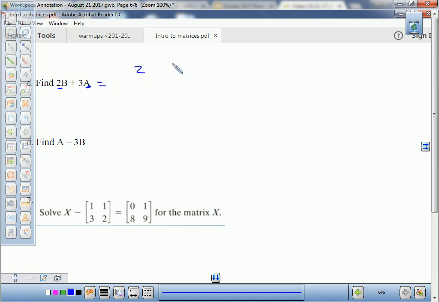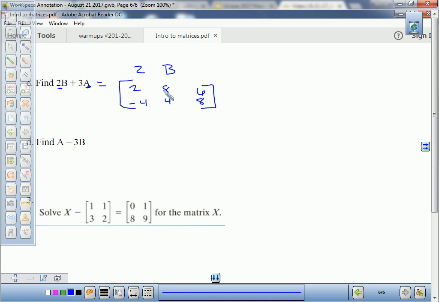So I am going to go ahead and show you what 2B looks like. So if we take everything in B and double it, we get 2, 8, 6, negative 4, 4, 8.